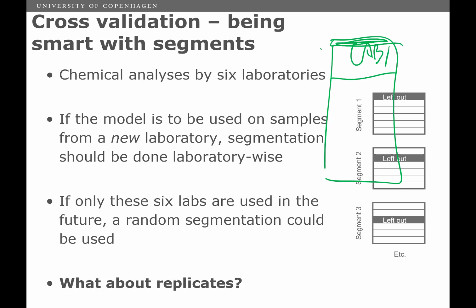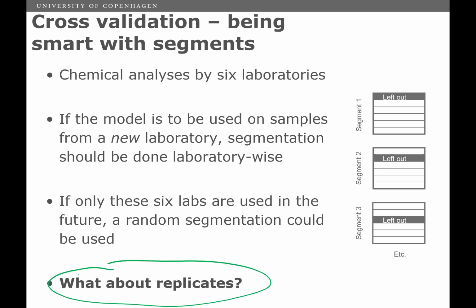And that way I can show how well my model works when I use it only in these 6 laboratories. This is critical because this shows you that with the same data you can get different models, different cross-validation, different number of components, depending on what your purpose is. So you have to specify what you want the model to do in order to be able to say that this cross-validation will show me how well it does whatever I claim the model can do.